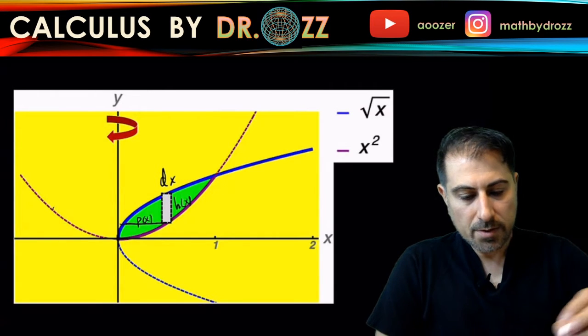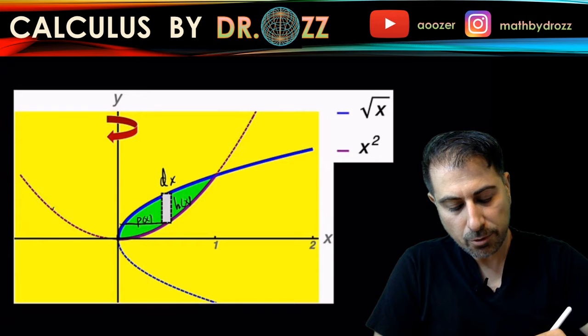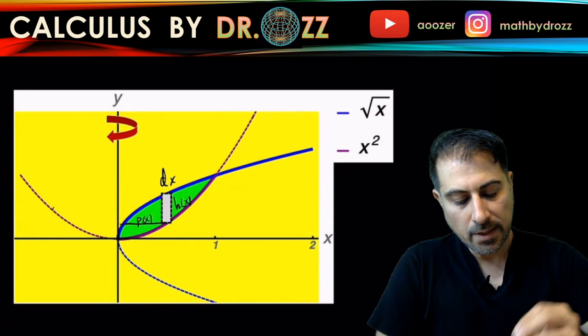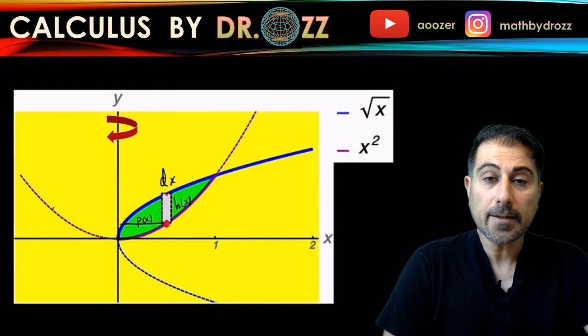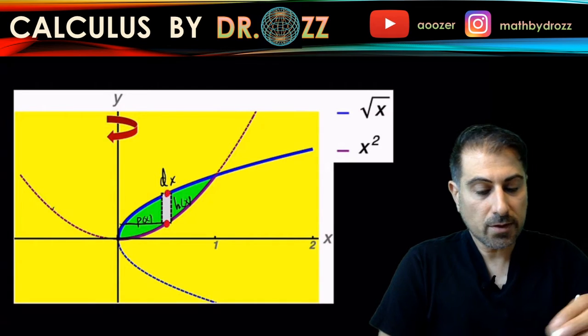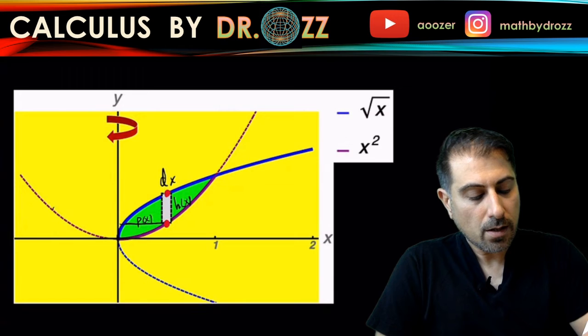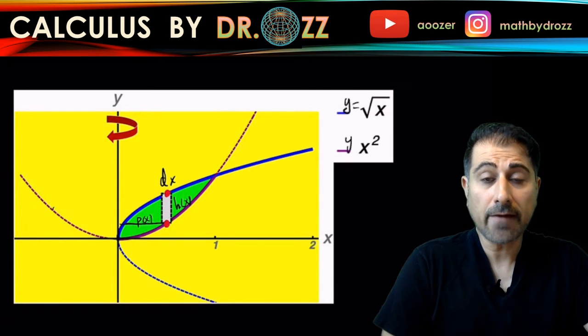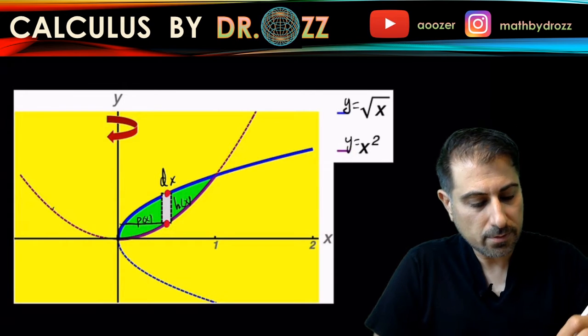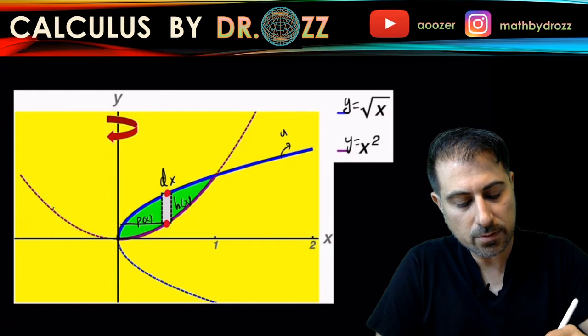One observation here is that the bottom portion of the slice touches the purple curve, and the upper side touches the blue curve. And all I need is the x representations of these curves, which is exactly what I have already. So this is y equals radical x. This is y equals x squared.